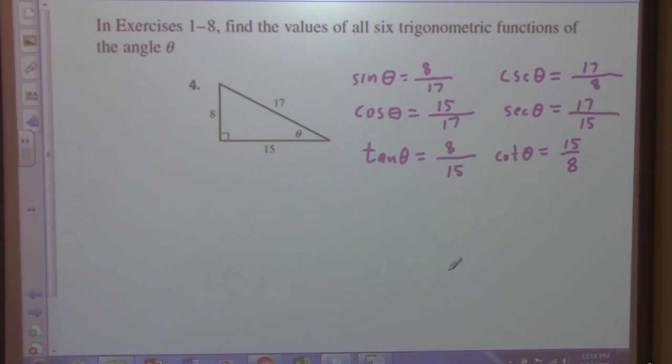I don't remember how to find this variable. A squared plus B squared equals C squared. That's part of the reason we had our exercise the way we did yesterday.